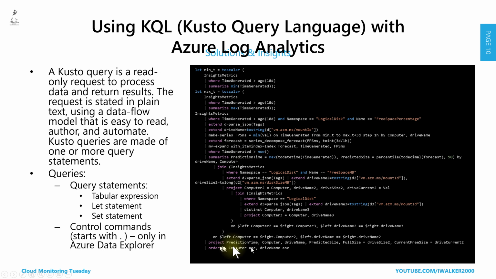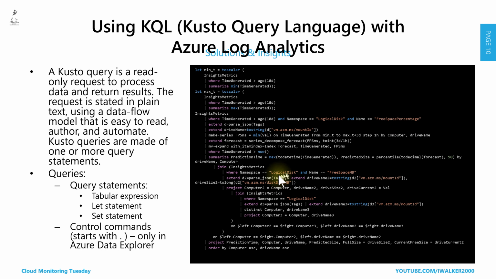And then we came with the join. The join itself gives us information about additional disks that we are looking for, free space and percentage.